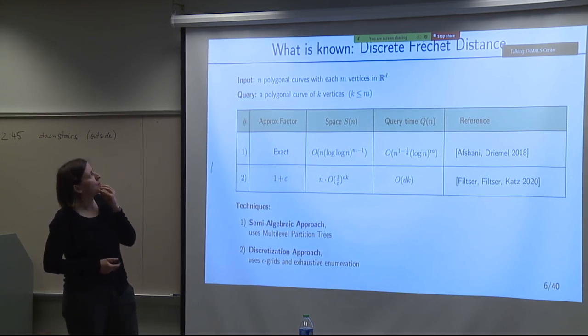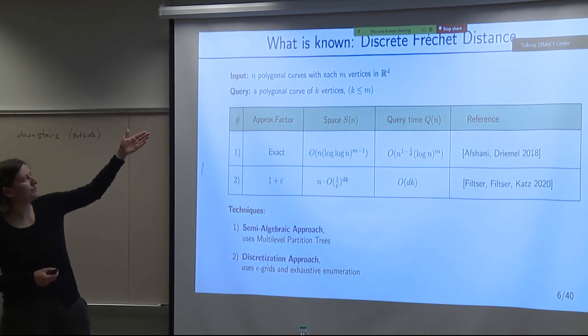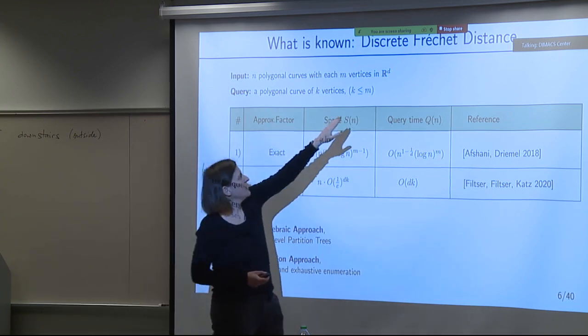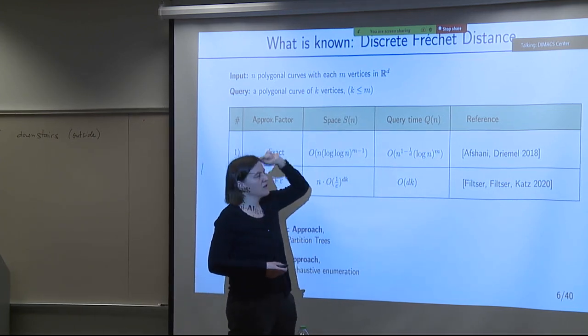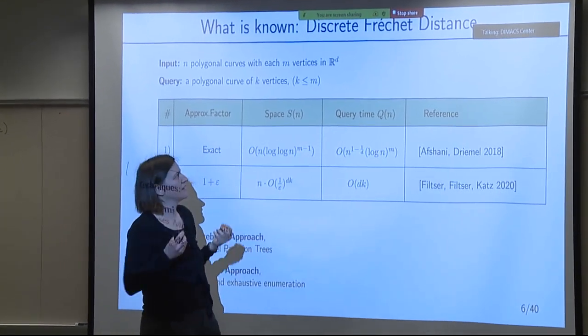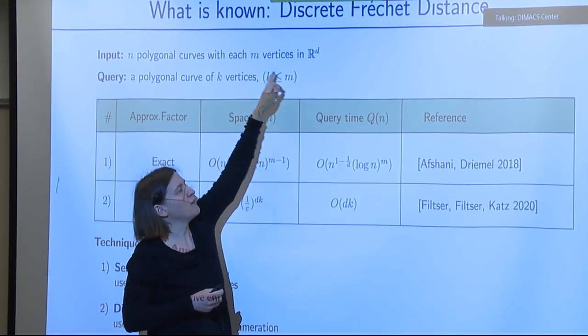The input is a set of n polygonal curves with m vertices each, in dimension d. We'll see that the dimension of the problem, however we define it exactly, will be determined by m and d.